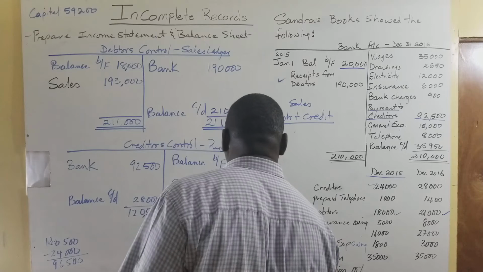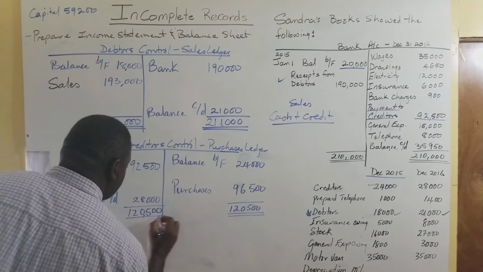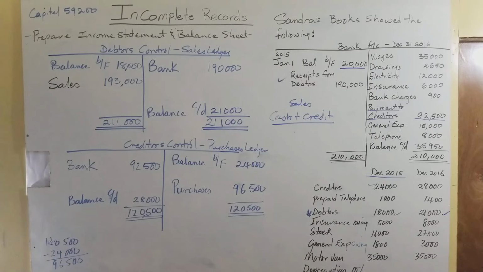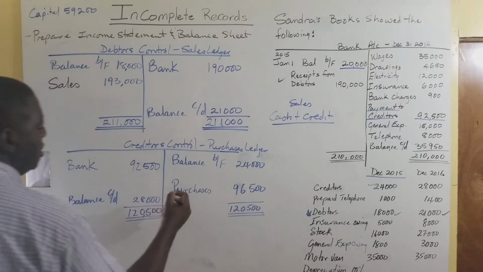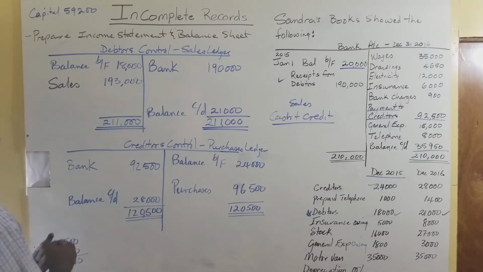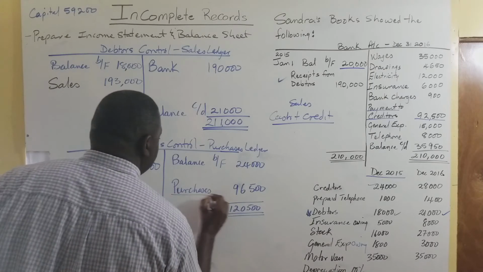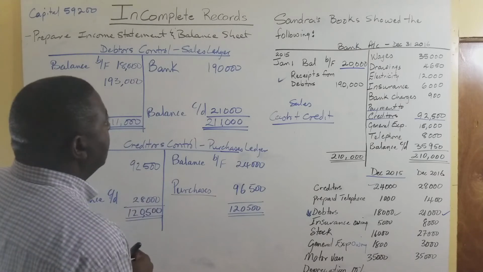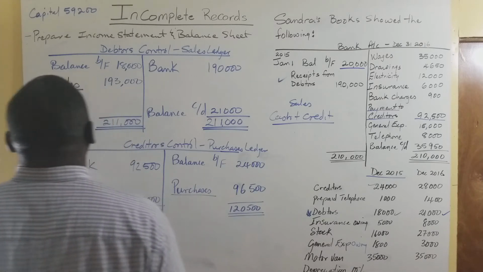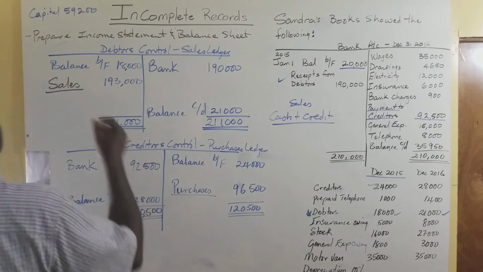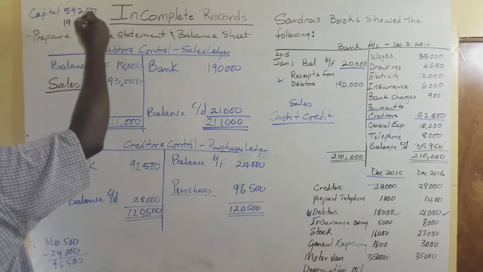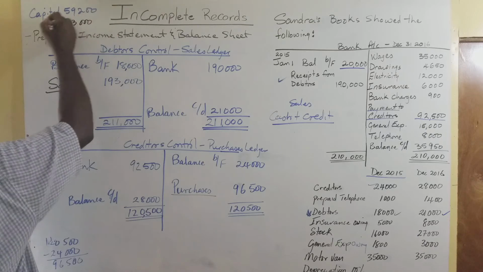As I said before, always make sure your calculation, when in doubt, check it, because you need to produce accurate figures. All right, so we have found the purchases figure and we have found the sales figure. The sales figure is 193,000 for sales.